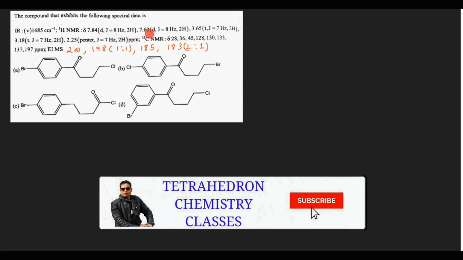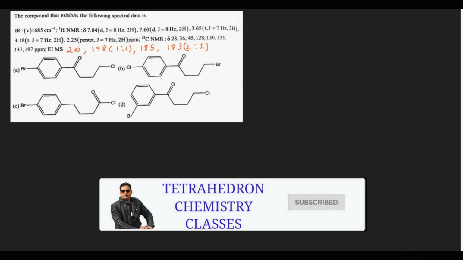So again, see guys, I am having two doublets here, and in aromatic compounds, when we have two doublets, it simply means that para-disubstitution is there. Two doublets means para-disubstitution. That means whatever the answer is, it should have the para-disubstitution.